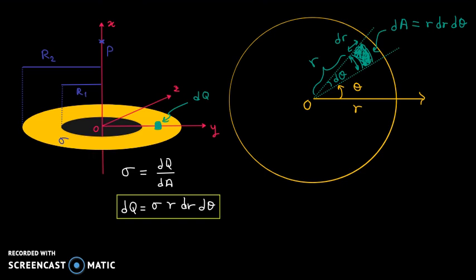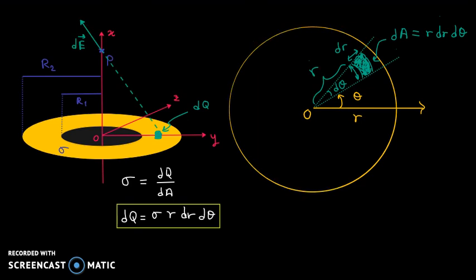Now let me show why the y and z components cancel out. Now this is the electric field vector dE due to a point charge dq. Imagine another unit charge dq on the negative y-axis at the same distance as the first dq that we have on the picture.